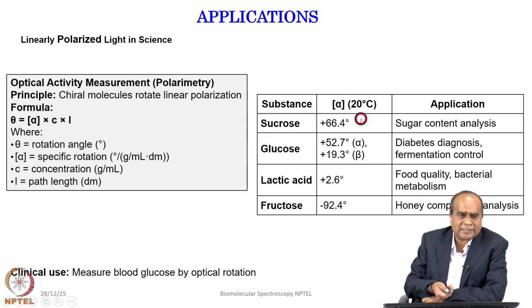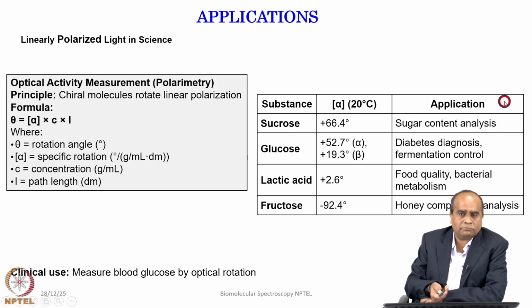Sucrose has this specific rotation of 66.4 degree per gram per ml per dm, and it can be used for sugar content analysis, even glucose sugar content analysis.